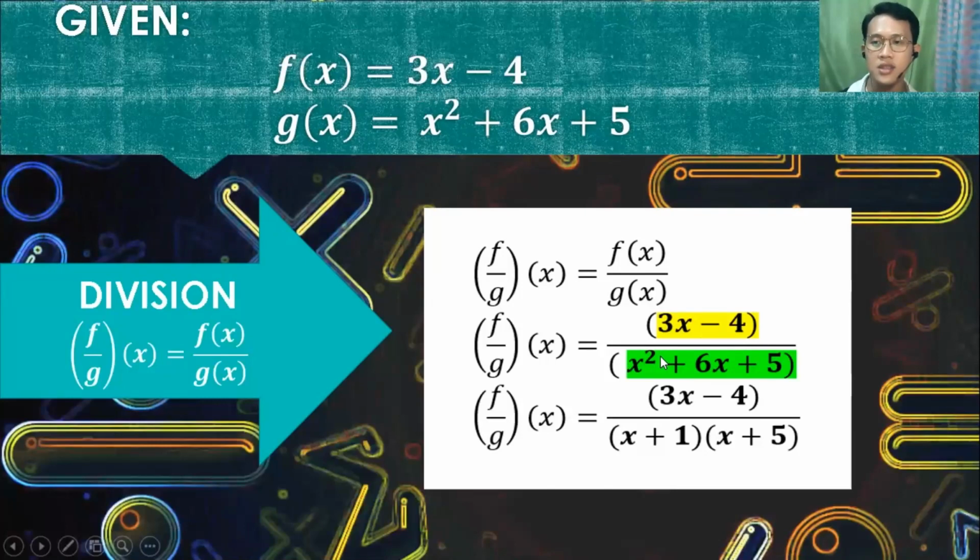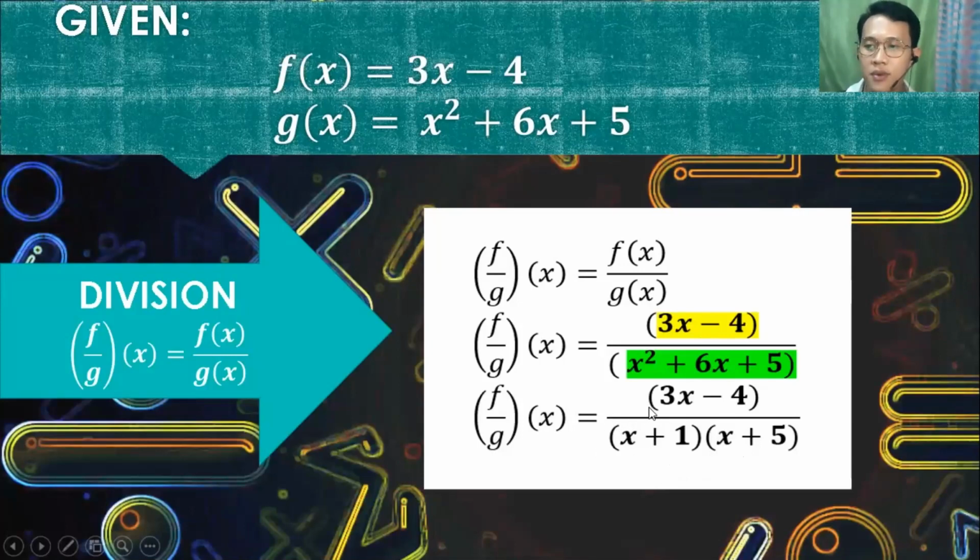By factoring it out, all you need to do is find the factors of 5, which are 1 and 5, whose sum is the middle term 6. So when you add 1 plus 5, that is 6. You can recheck that one by doing the distributive property on your own.